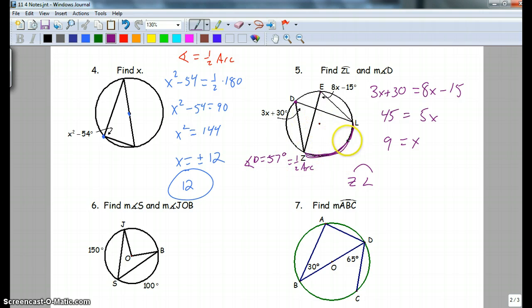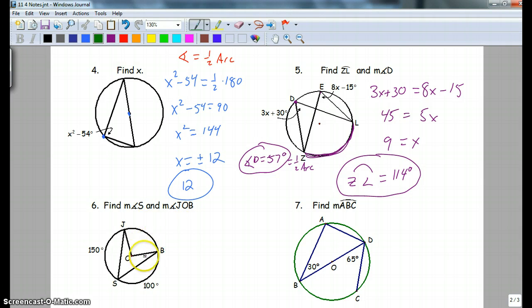So ZL is the arc that is in question here. So times 2, ZL is 114 degrees. There's arc ZL. And then we're also supposed to find angle D. Oh, look at that. I already did that. D is 57 degrees.